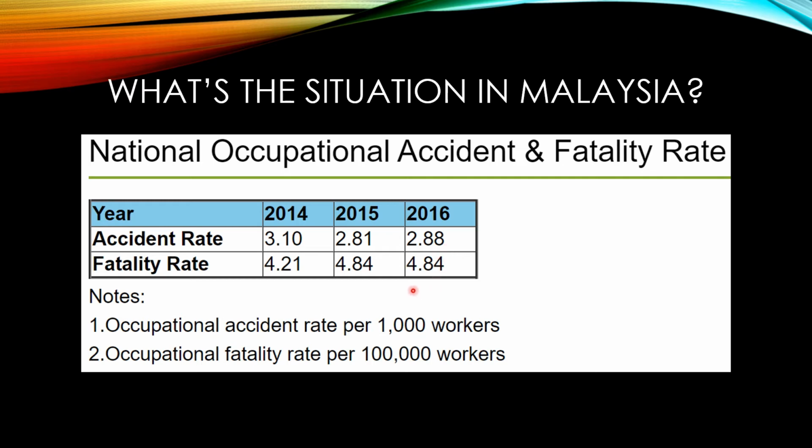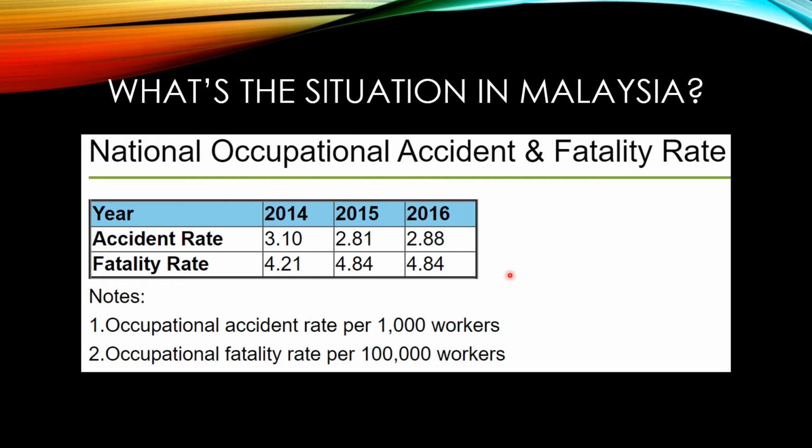On the other hand, for fatality rate, 4.84 represents 4.84 fatalities per 100,000 workers. That's actually a lot if you consider that maybe a university will have maybe tens of thousands of workers, probably not workers, students, okay.